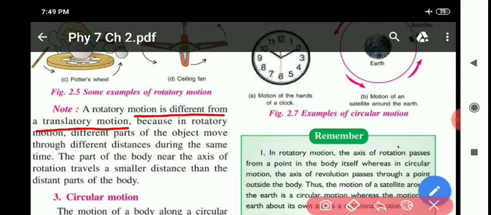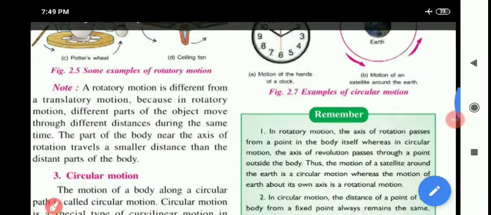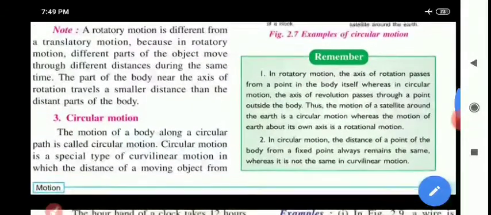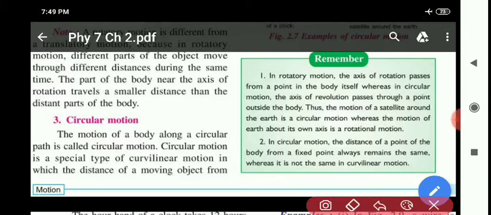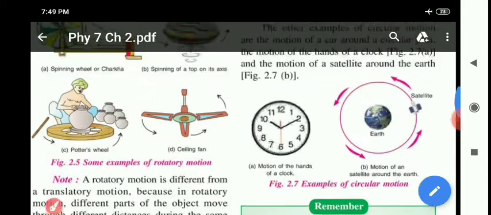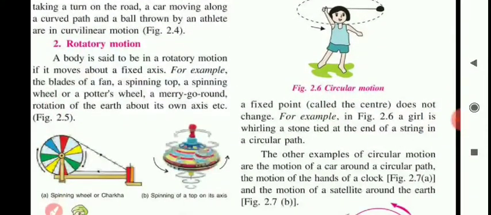Now, the third part is circulatory or circular motion. So what is circular motion? The motion of a body along a circular path is called circular motion. Circular motion is a special type of curvilinear motion in which the distance of a moving object from a fixed point called the center does not change.